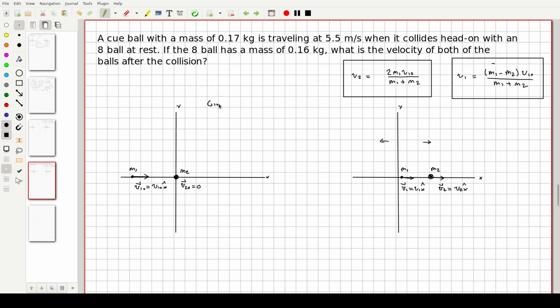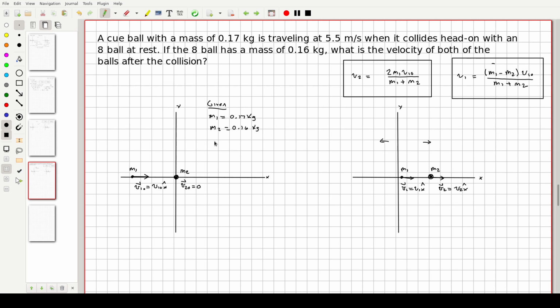What I've been given is that M1, which is the mass that's coming in, that's the cue ball, is 0.17 kilograms. M2 is the 8 ball that's at rest. That's 0.16 kilograms. See, like I said, the masses are different.